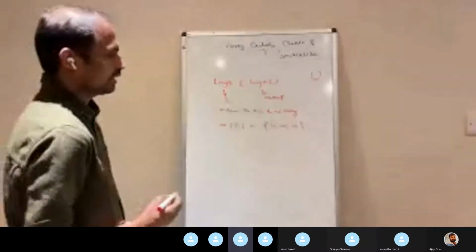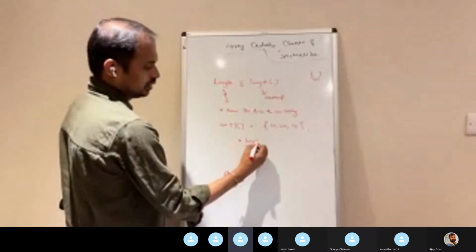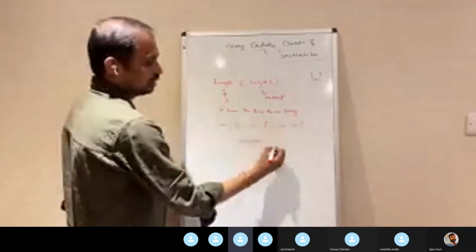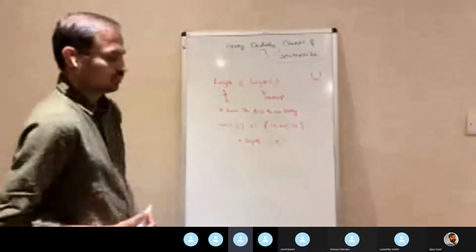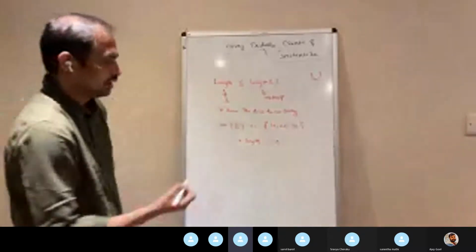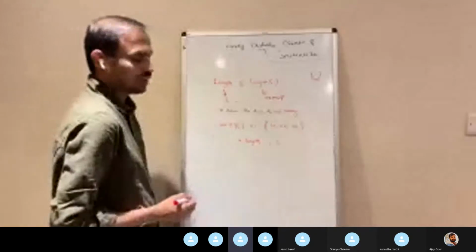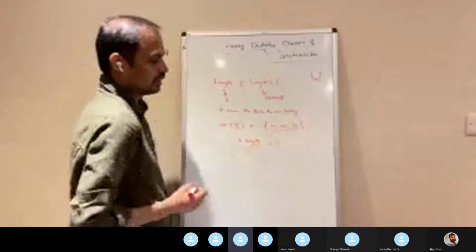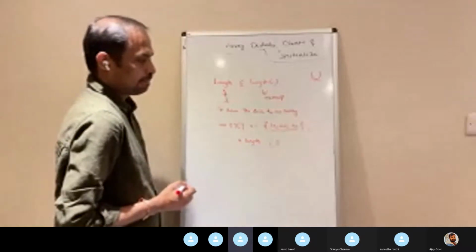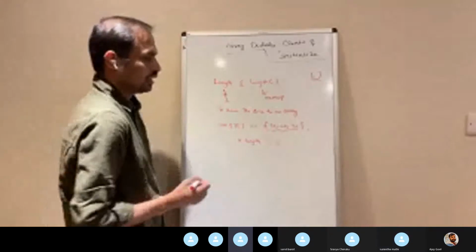To know the length of an array, x dot length will give the array size. Okay, x dot length gives the length of an array. So what is the length of the array here? 3, right? 3.